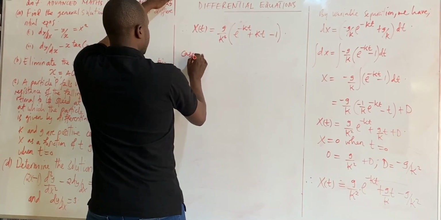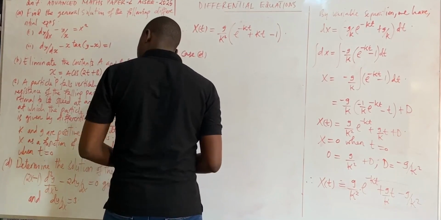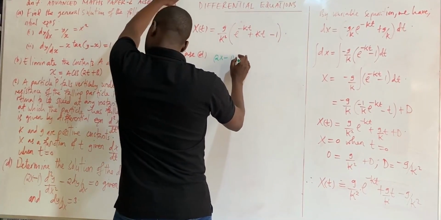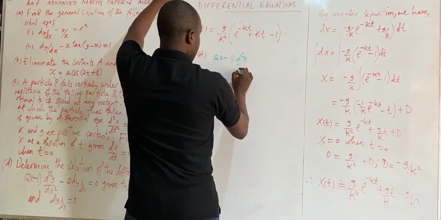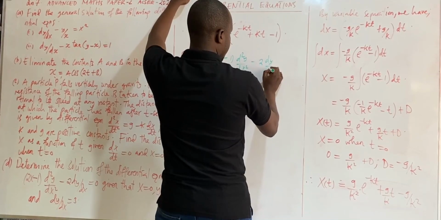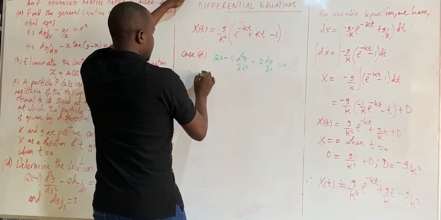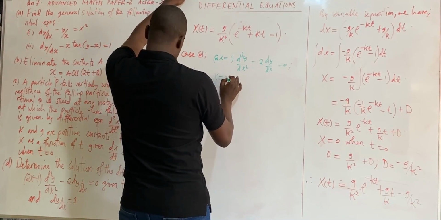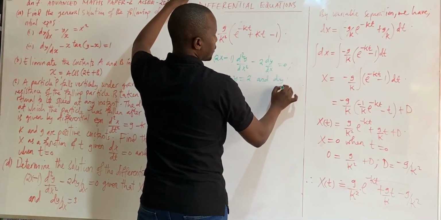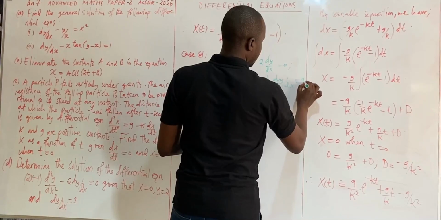So case D, that is 2x minus 1 times the second derivative d squared y over dx squared, minus 2 times dy dx equals 0. Given the initial conditions that x equals 0, y equals 2, and dy dx equals, sorry, equals positive 3.